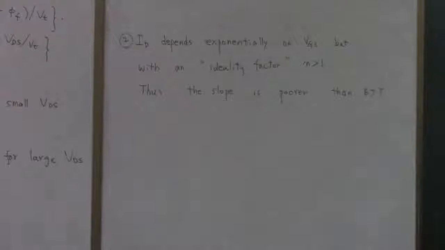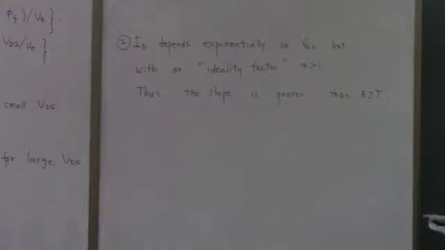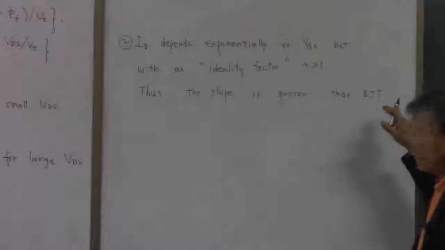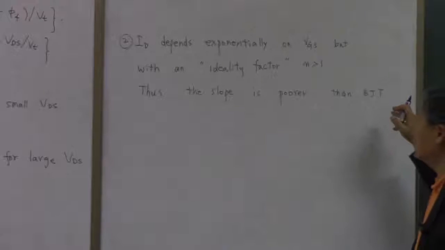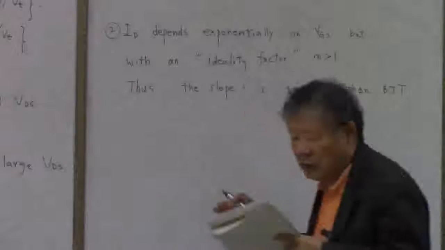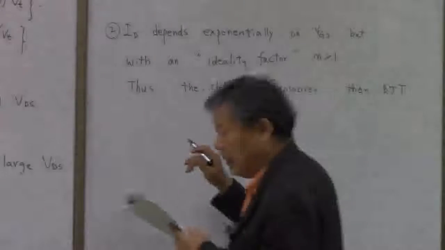So the MOS transistor has a poor slope compared to the bipolar transistors. It means that the switching function is not that good, right?